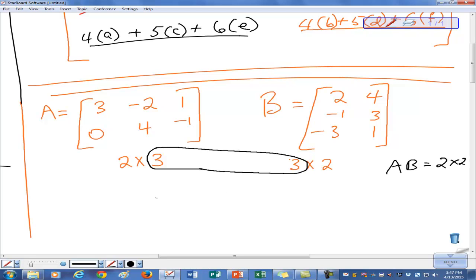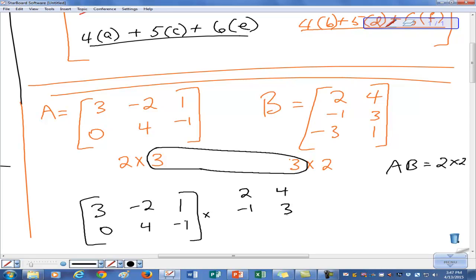Alright, so we're going to put the 3, -2, 1, 0, 4, -1. And we're going to multiply that with 2, 4, -1, 3, -3, 1. Alright.